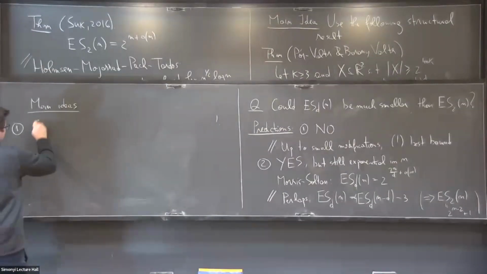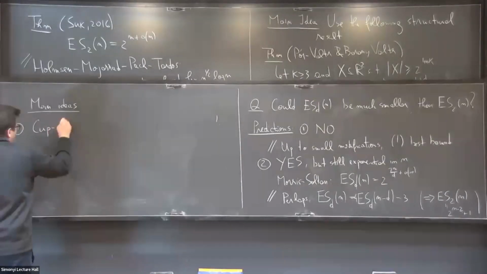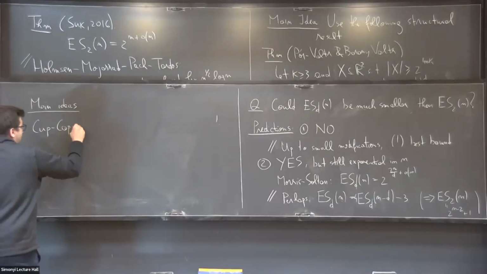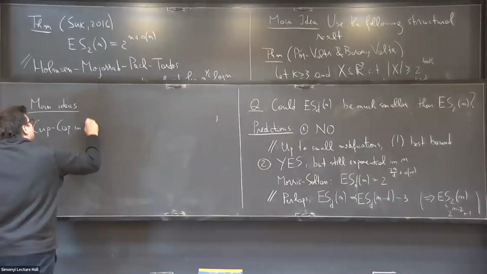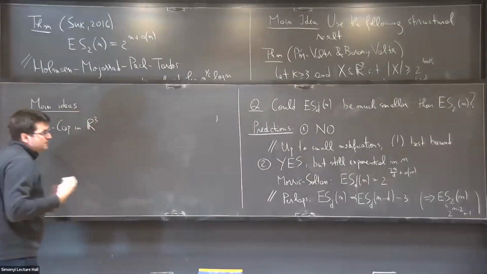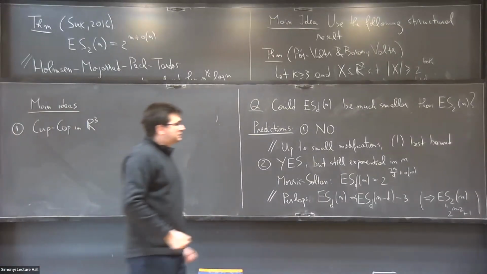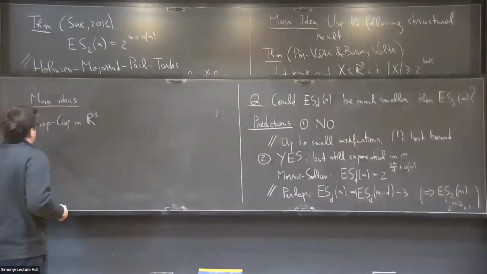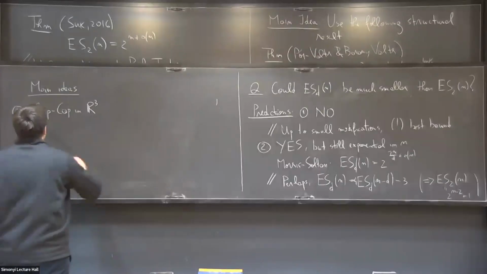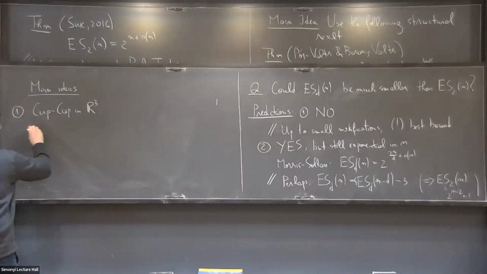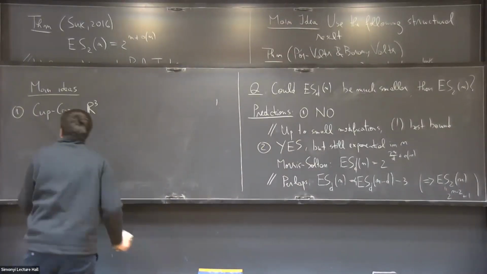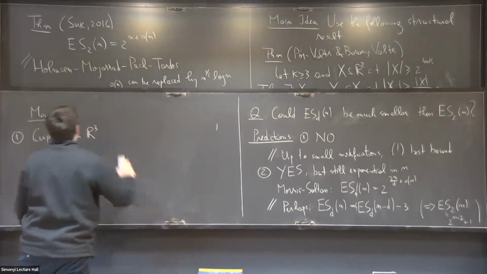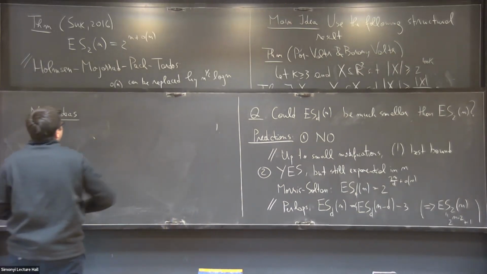The first idea is the cup-cap theorem, which we can prove turns out to be useful for this Erdős-Szekeres function. Let me try to state it, in the interest of saving some space on this board, here.